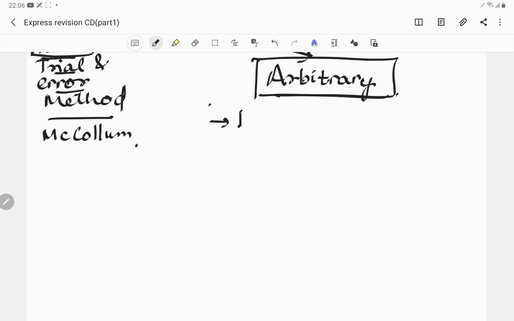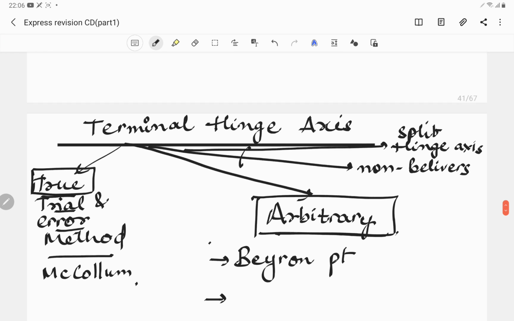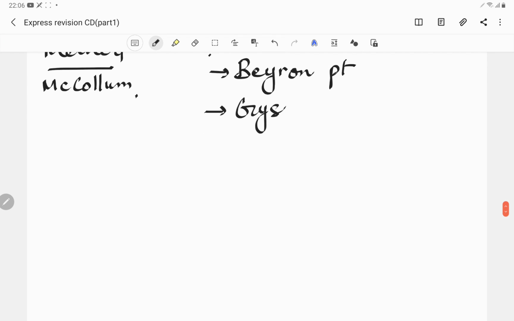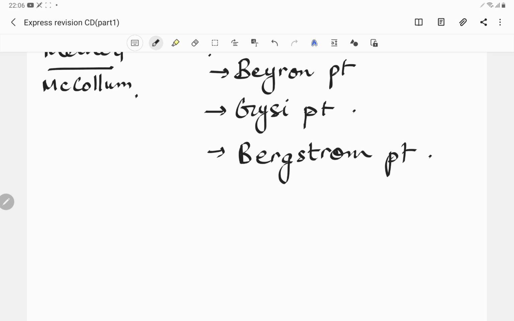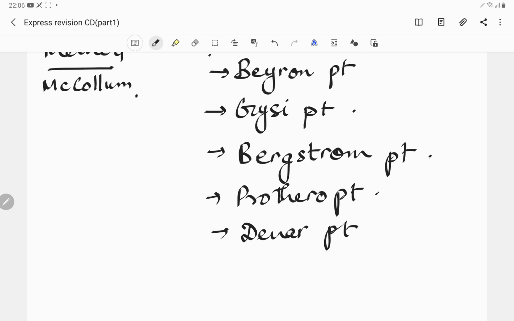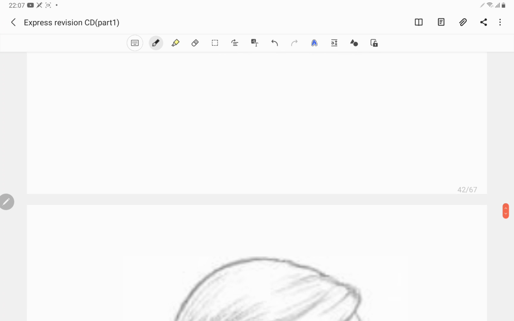First of all, let's just write the names. We have got the Beyron point, the Gysi point, the Bergstrom point, the Teteruck, Dinar point, and the TSN point. Like that we have got various points.